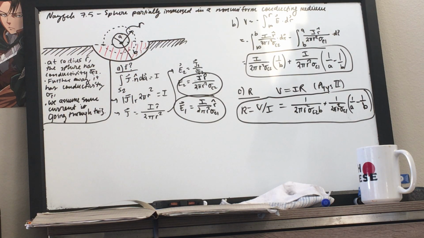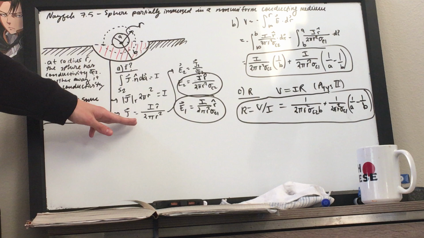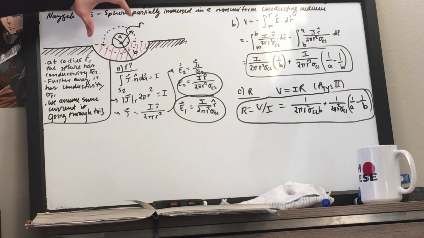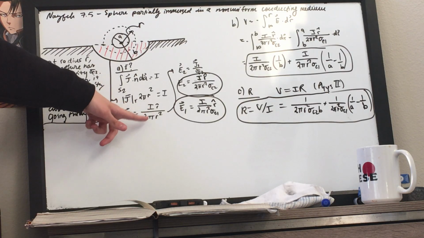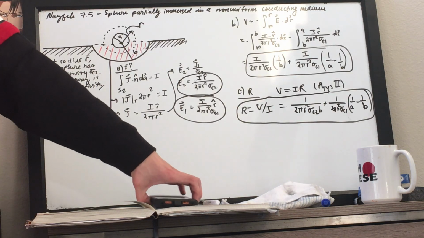So we reorganize our terms, and what we get is that our current density at some radius r of this Gaussian surface we've drawn around our wire is equal to the current that's running through there divided by 2 pi r squared.